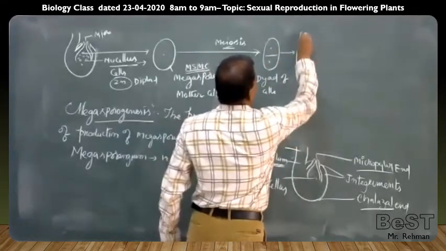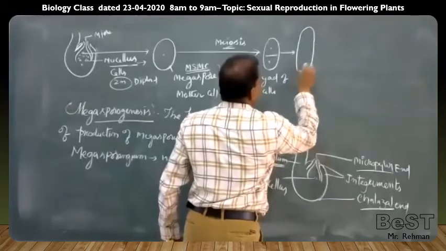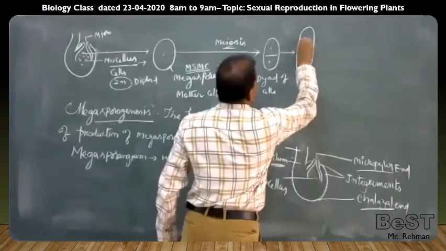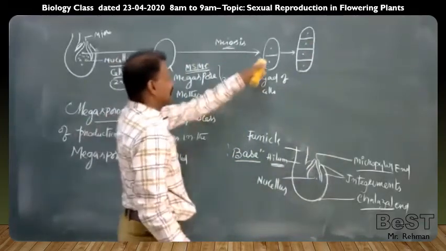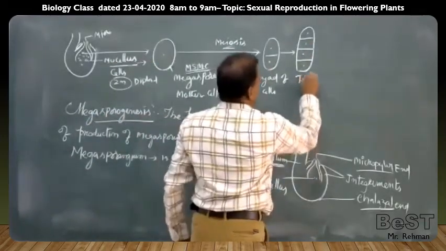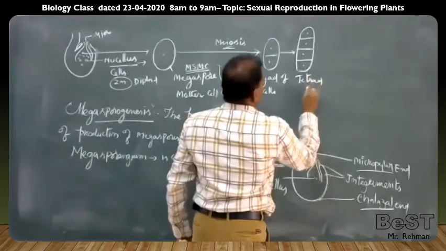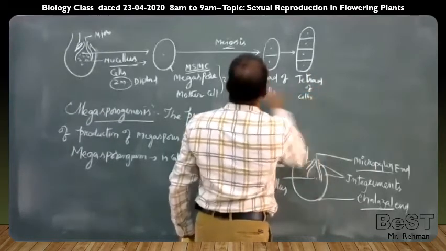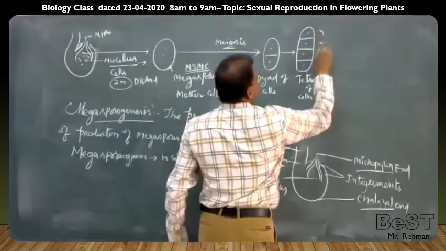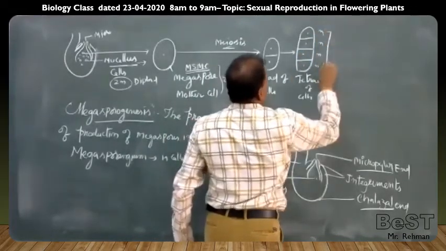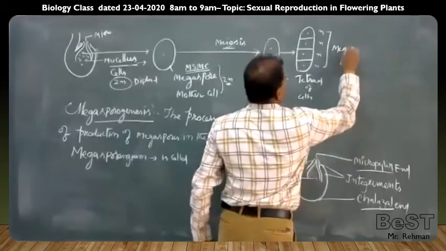It will produce a tetrad. Dyad and tetrad. So 1 meiosis equals 4 haploid cells, which are called megaspores.